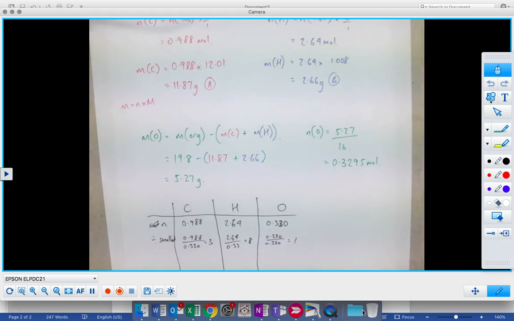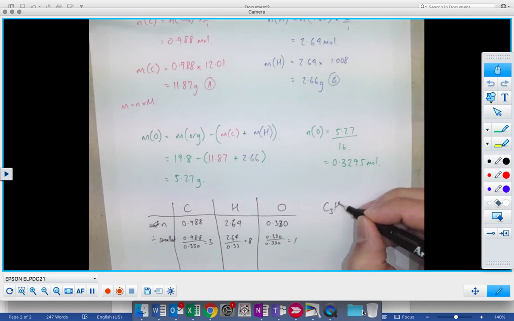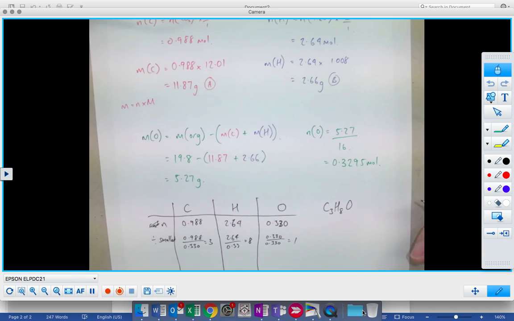Okay, so I have a 1 to 3 to 8 ratio, so I have C3H8O. Right, and you should be able to draw a couple of isomers of this. Give it a go, but that's how you do it.